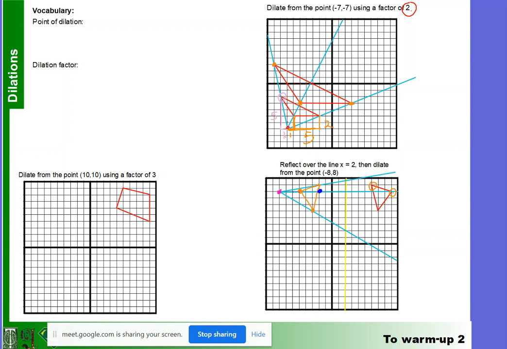Next, for the point above it, I guess, it's 6 over and 1 up. Okay. So 6 times 2 is 12, and 1 times 2 is 2. So you would go over 12 and up 2. Okay.